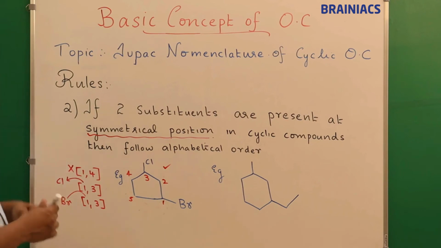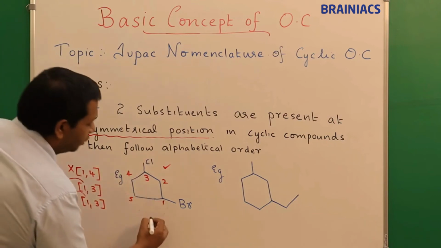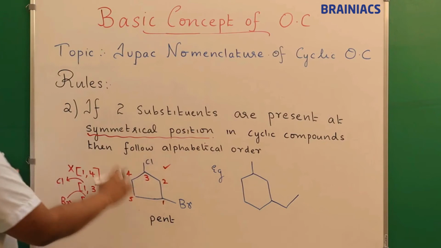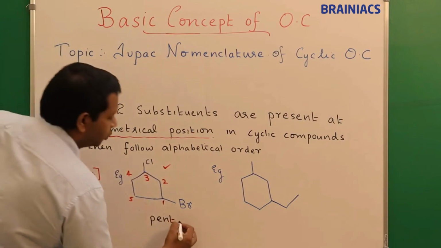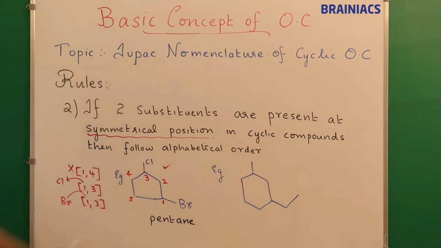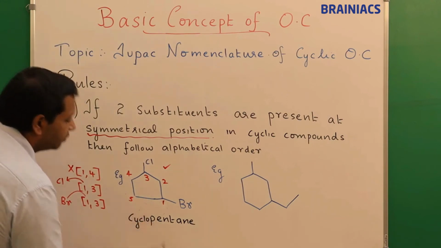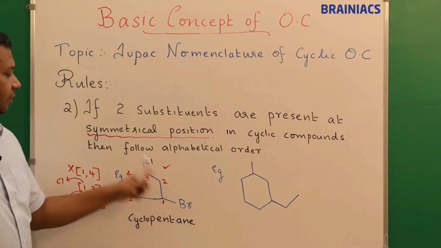Now how will you name the compound? I know that the word root is pent, since it is a 5-membered ring. And I know that all of these are linked through single bonds, so it should be ane. That is also correct. Now I know that this is a cyclic compound, so there will be a primary prefix, cyclo. I know that a secondary prefix will also be there since substituents are there.